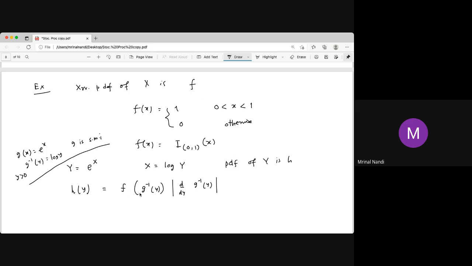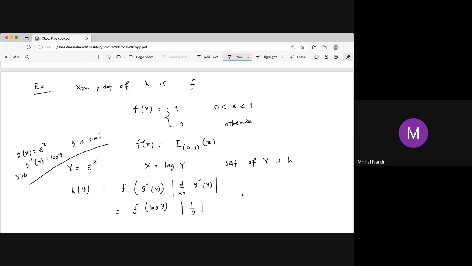Now what is f? f is either 1 or 0. It is 1 if x lies between 0 and 1. So g inverse y is log y, and we know that the derivative of log y is 1 by y.